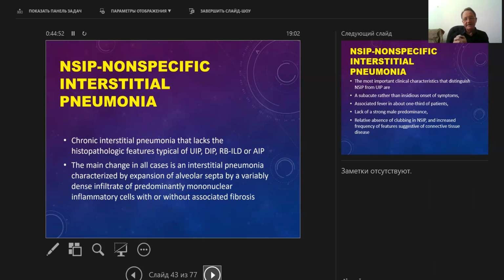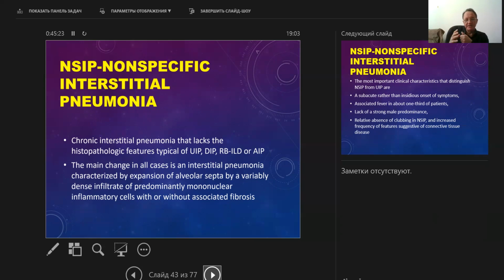Okay, next, clinical forms. It's non-specific interstitial pneumonia, chronic interstitial pneumonia. We should make such a diagnosis if we lack histopathological features of typical usual interstitial pneumonia, and or other.